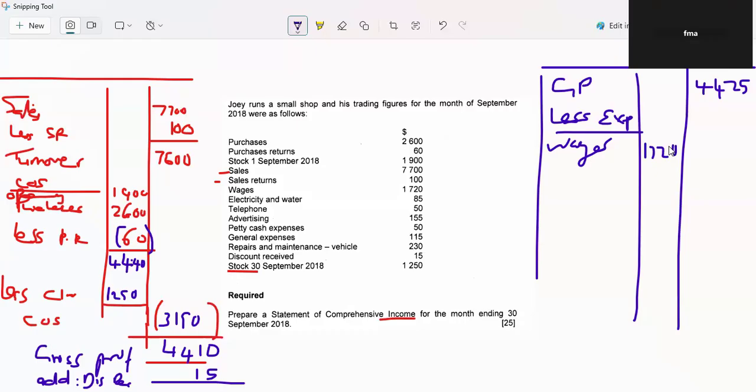Which other? I think it's electricity and water. How much? 85. Next.